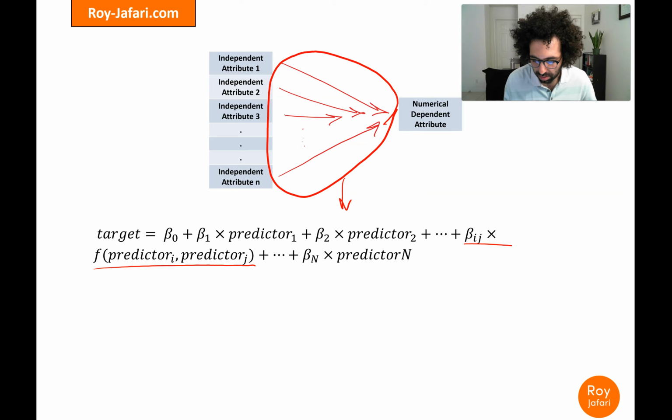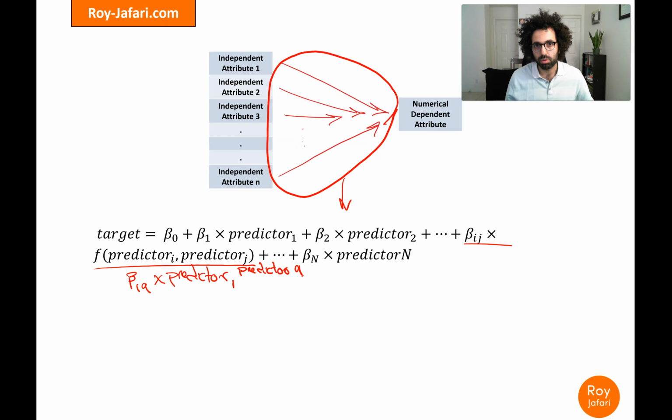For example, this could be beta 1 9 multiplied by predictor 1 to the power 2 times predictor 9. This interaction term could be anything.